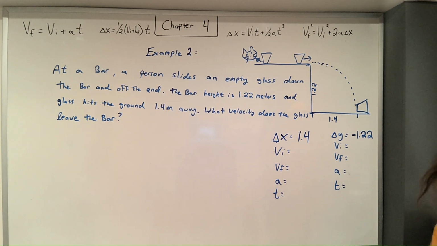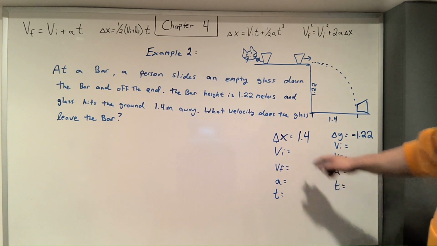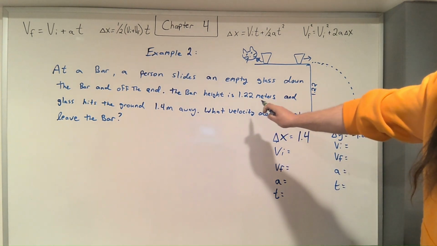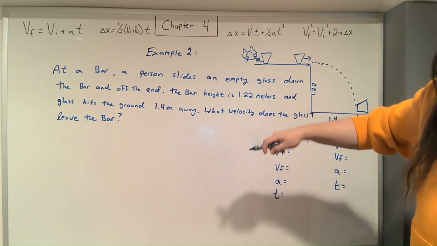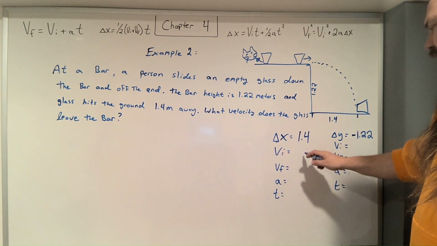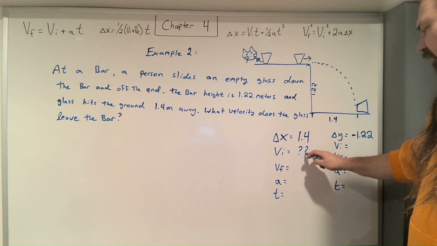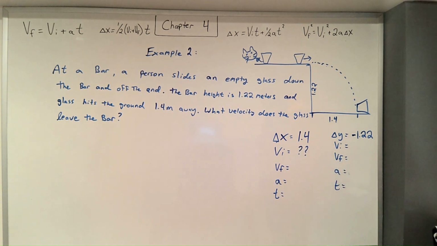All right, how about the initial velocities? Do we know anything about the initial velocities? What was the initial velocity in the x? Well, that I don't know. That's what the question is asking. What velocity does the glass leave the bar? Okay. So velocity in the x, I don't know. How about initial velocity in the y?